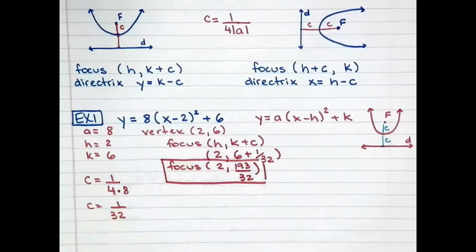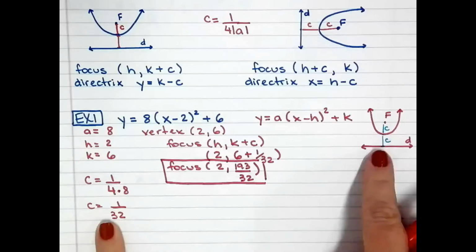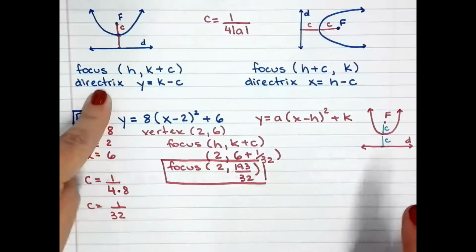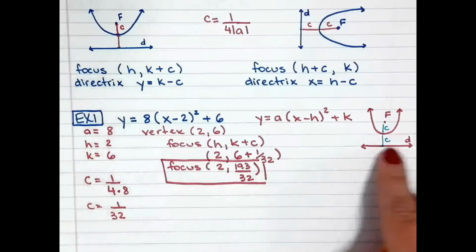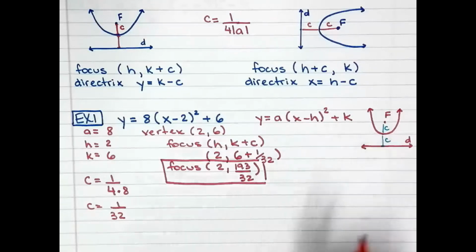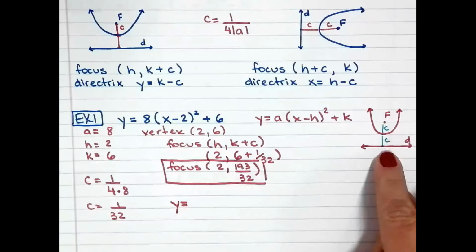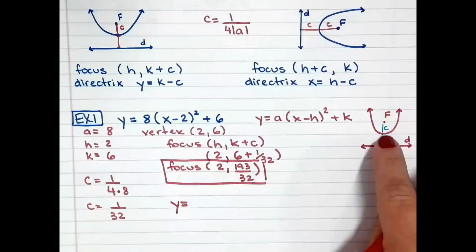The good news is I already have C, so at this point it's easy for me to find the equation for the directrix. And notice that the directrix is a line, in this case side to side. So it's going to be y equals. The directrix is the same distance from the vertex as the focus is.